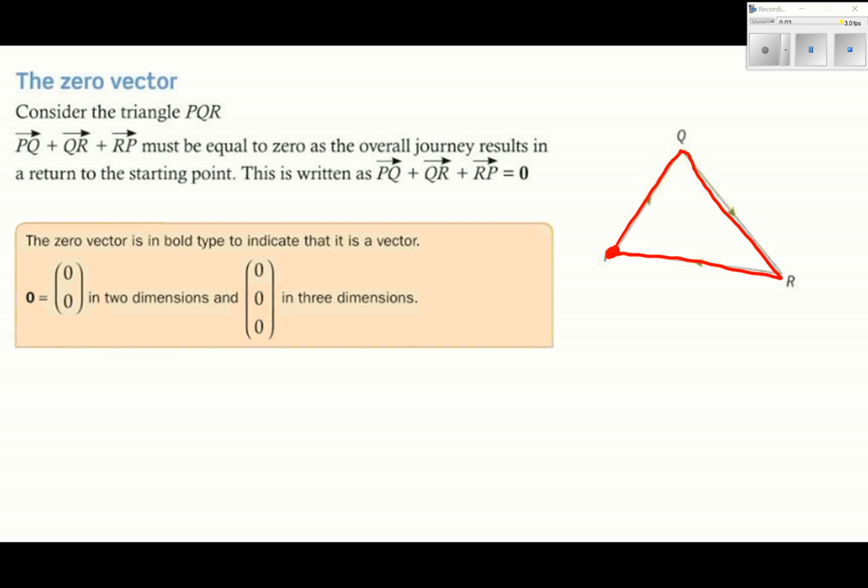So this must be equal to 0, as the overall journey results in a return to the starting point. So PQ plus QR plus RP equals 0, the zero vector, written in this bold 0 font. In one dimension, this is column form (0), in two dimensions it's (0, 0), and in three dimensions, (0, 0, 0).